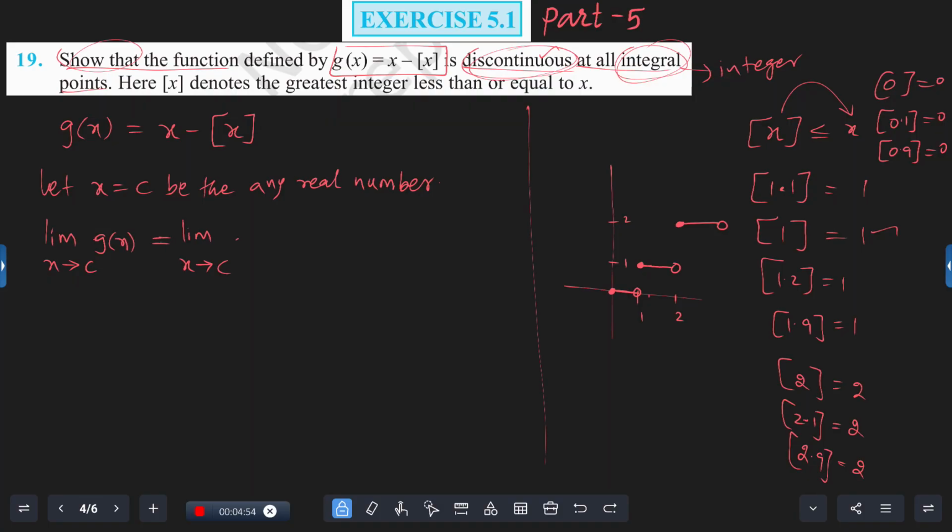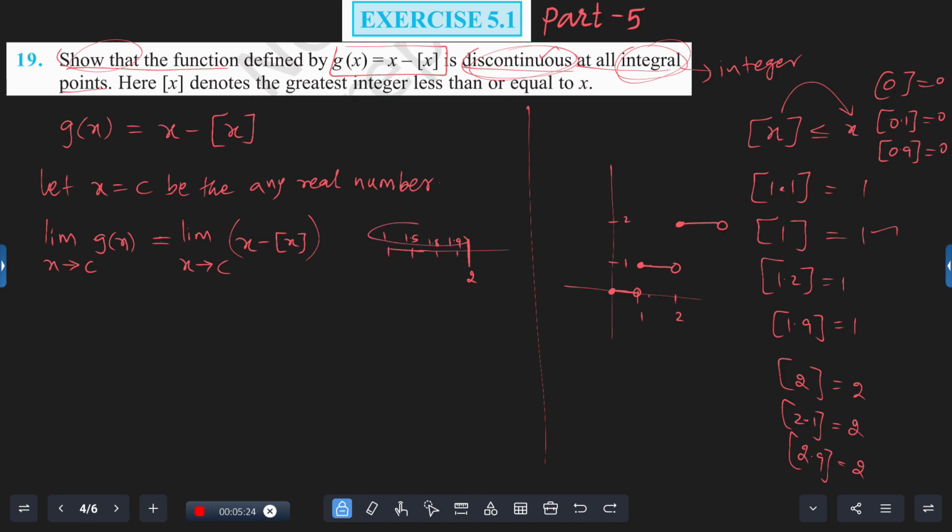What is g of x here? x minus greatest integer of x. This is the given function, and for this we have to apply c. Listen, it's very simple. Suppose I take the number 2. The left side values of 2 will be 1.9, 1.8, 1.5 and so on.